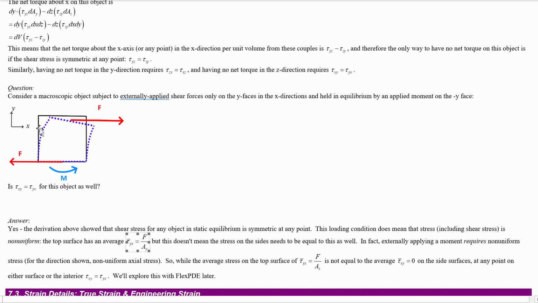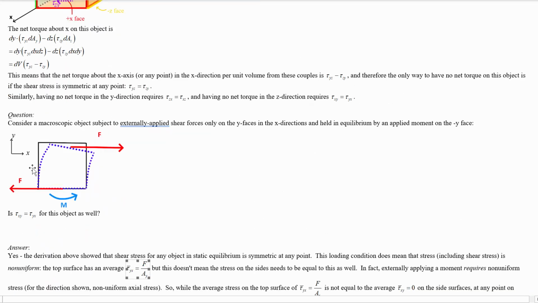So along the side surface, we have the x surfaces here. This would be the negative x surface, this is the positive x surface. We have no force applied in the plus or minus y direction because it's a free surface. So that means that the stress on x and y has to be 0 here, but because the stress is symmetric, it also means the stress on y and x is 0 here too.